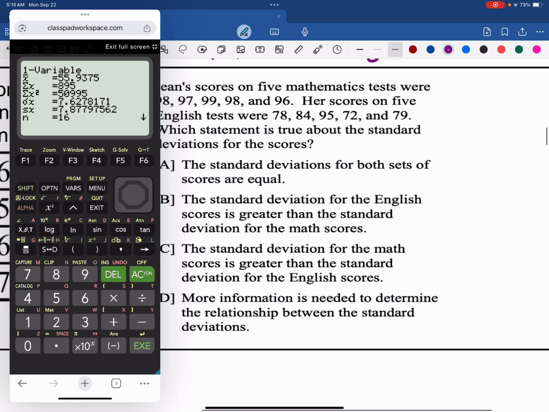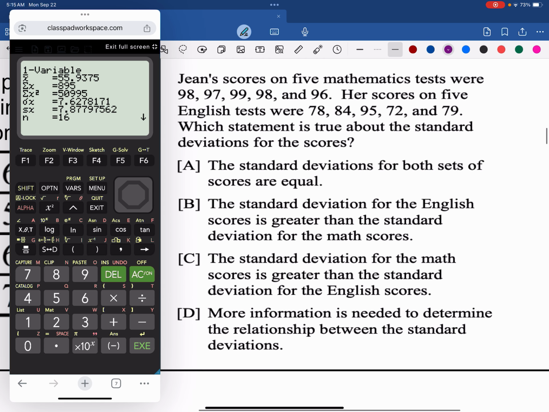Next question. Jean's scores on 5 mathematics tests were 98, 97, 99, 98, and 96. Her scores on 5 English tests were 78, 84, 95, 72, and 79. Which statement is true about the standard deviations for the scores?